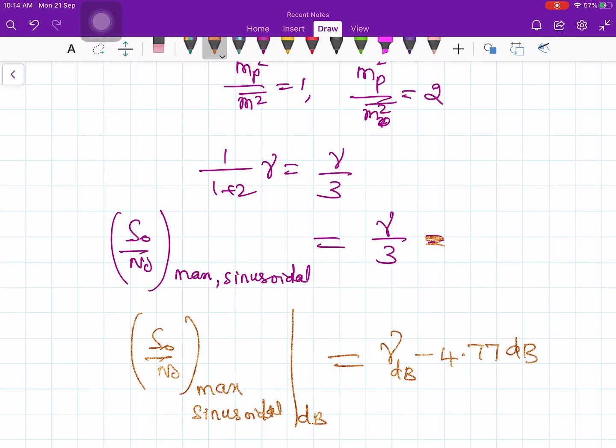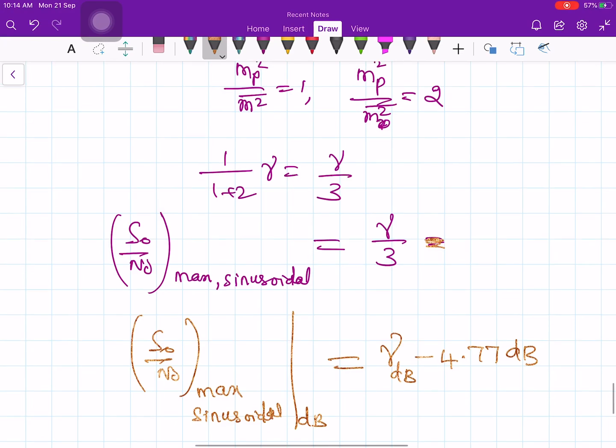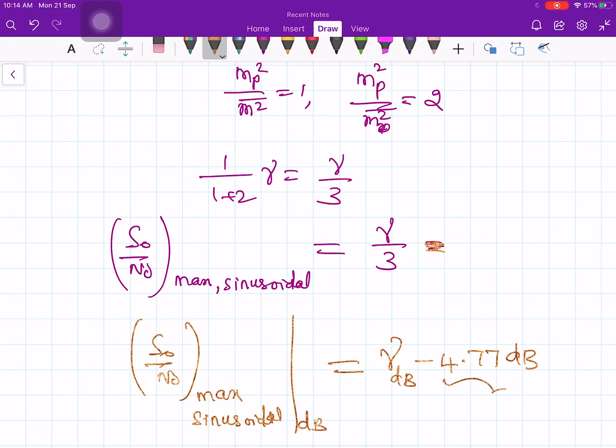So you require 4.77 dB more SNR to get the same output SNR of your DSB-SC system in the case of sinusoidal modulating signal. At the input you require this much extra power to get the same output SNR.